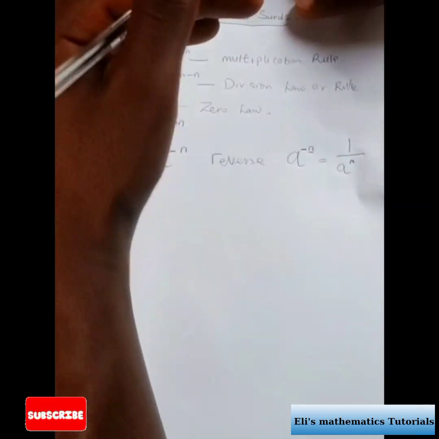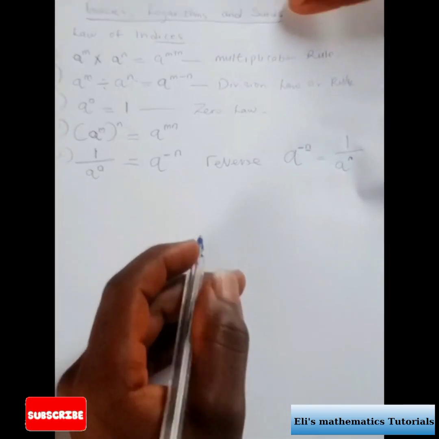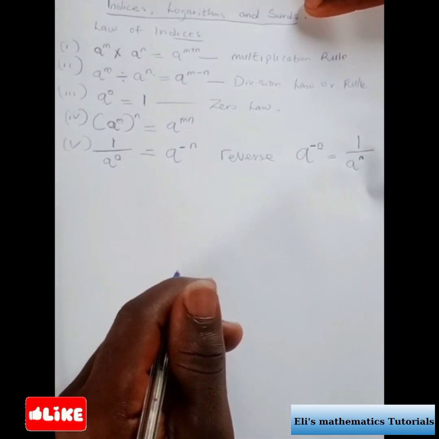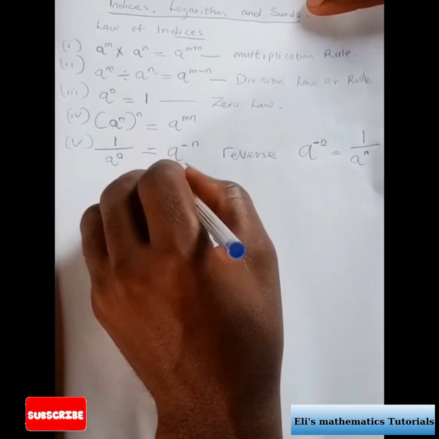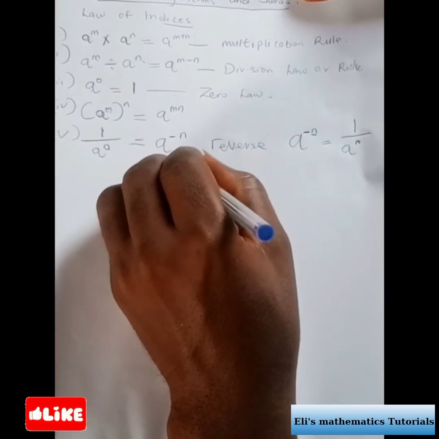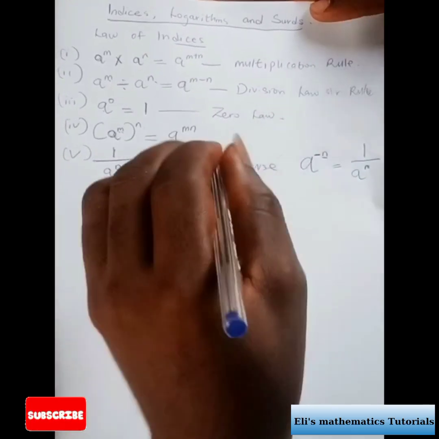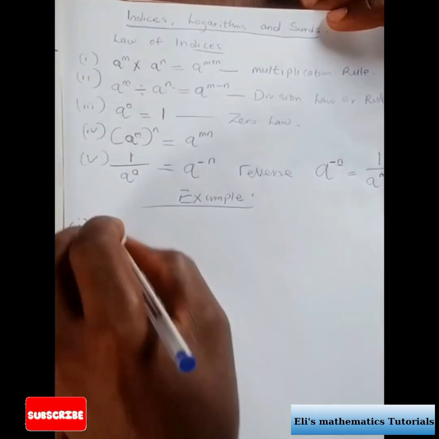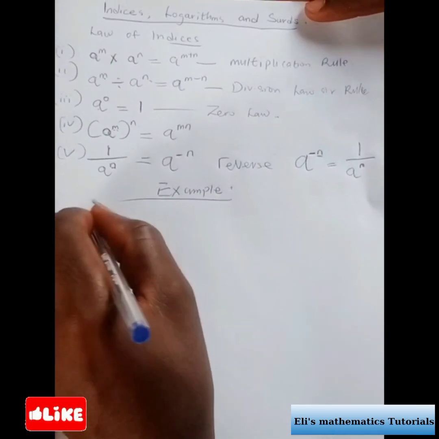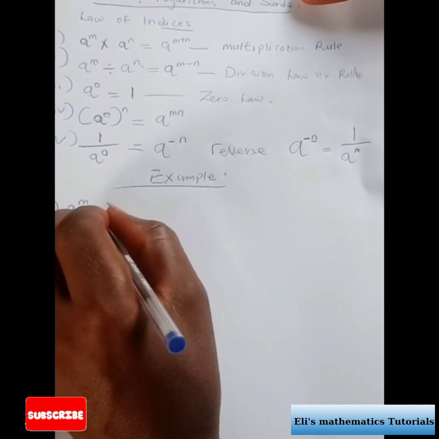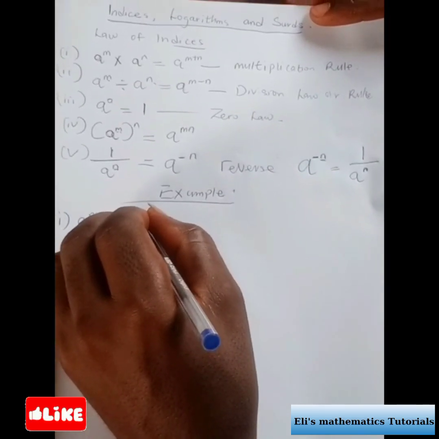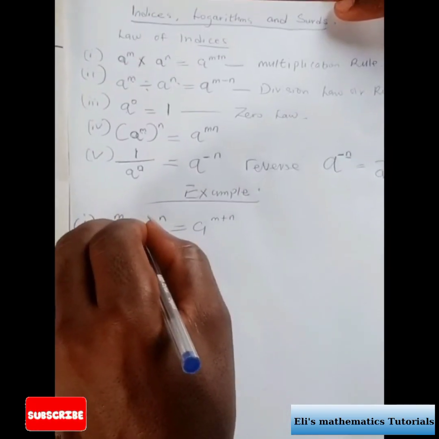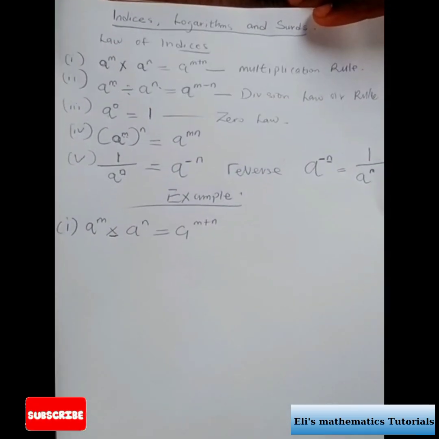We are going to bring one example each from these laws. So examples. For law 1, a raised to power m times a raised to power n is equal to a raised to power m plus n because of the multiplication.